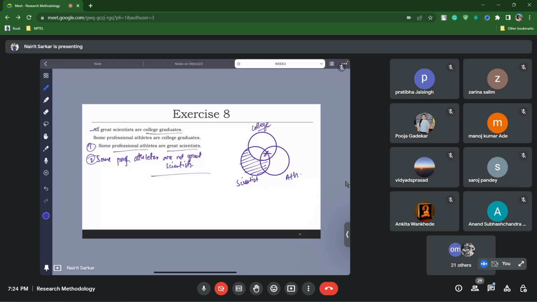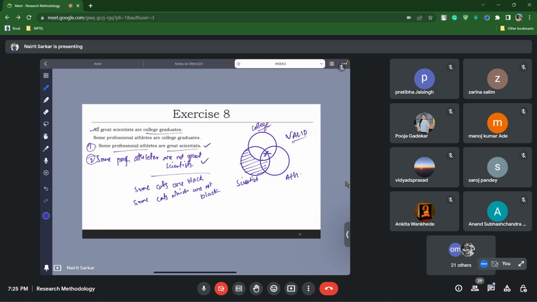Imagine if I am writing some cats are black. That also means there are some cats which are not black, right? So if this is valid, this should also be valid.